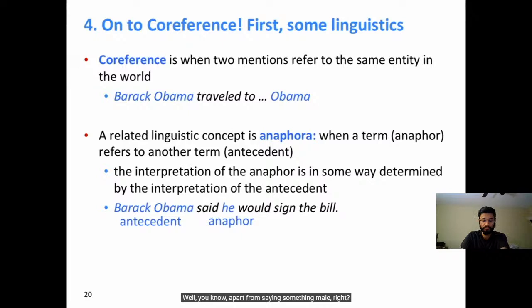Well, you know, apart from saying something male, right, you've got no idea, right? Because you can't work out what he means just by knowing he. You have to be looking at a text and interpreting it relative to the text. And then if you're interpreting it relative to the text, you're then in this situation of, okay, I see this refers back to Barack Obama, so he is another mention of Barack Obama. And this then is this concept of anaphora.